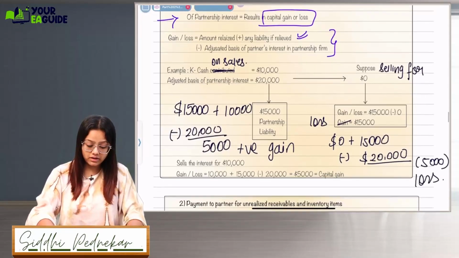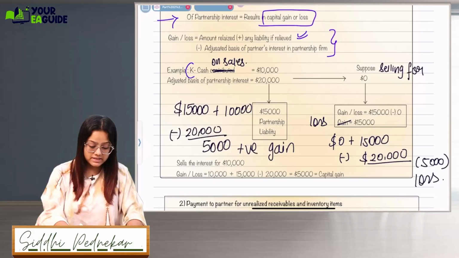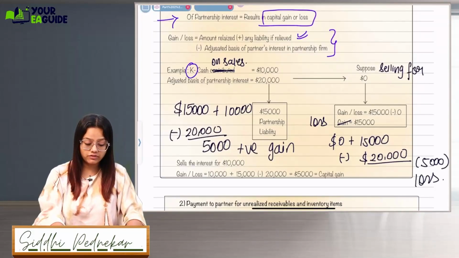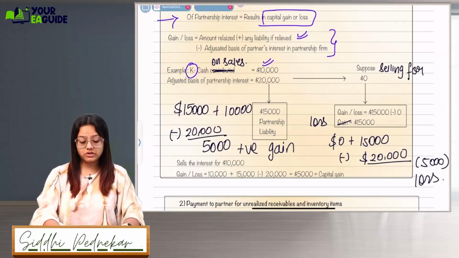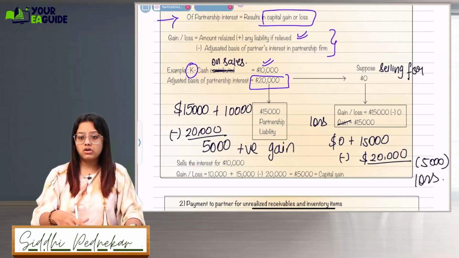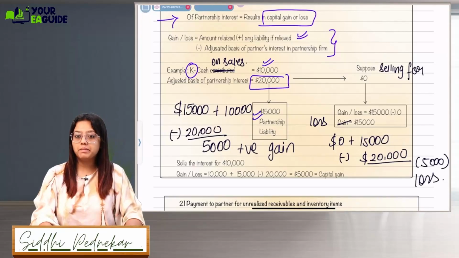Let's take this example. On a sale, K is a partner. He received cash of 10,000, and he had a partnership interest of 20,000. Along with this 20,000, 15,000 was a partnership liability. So can I say what amount he realized?